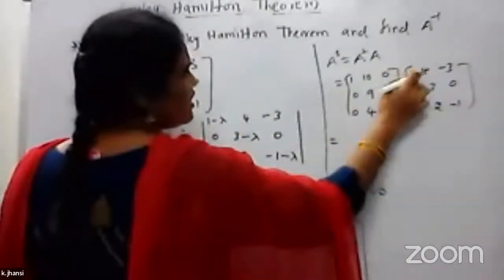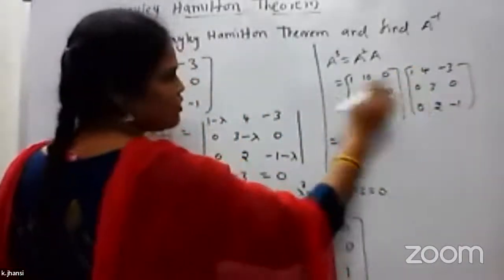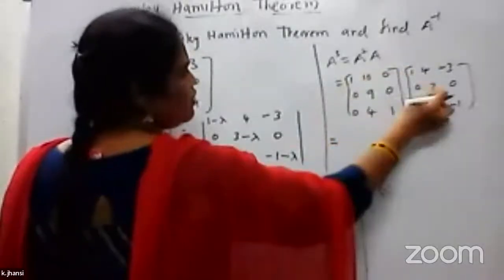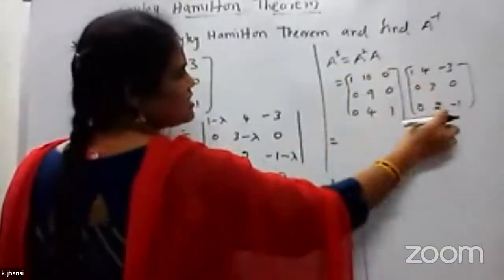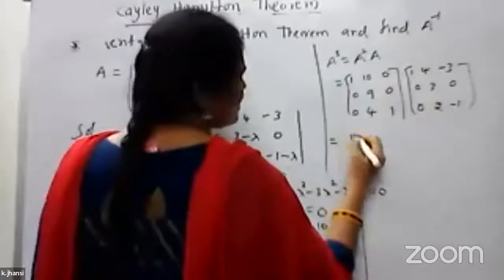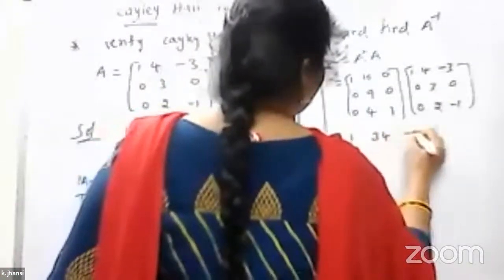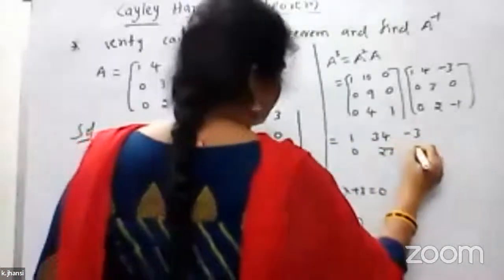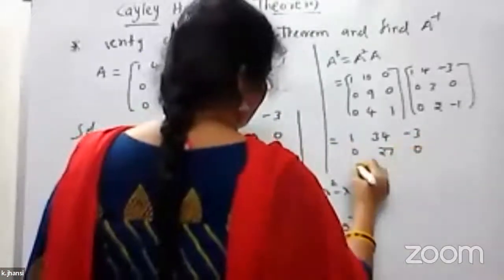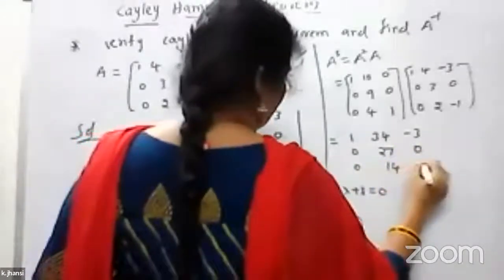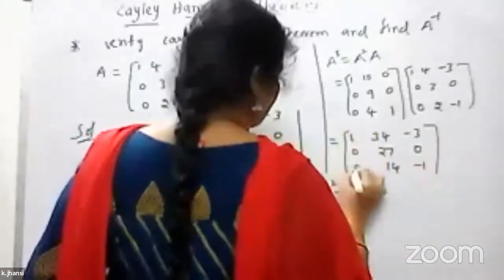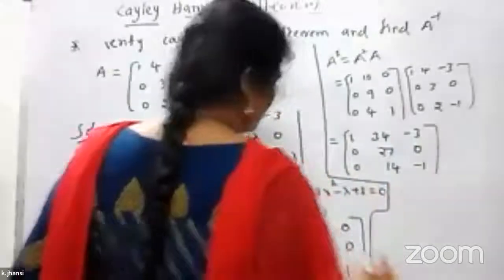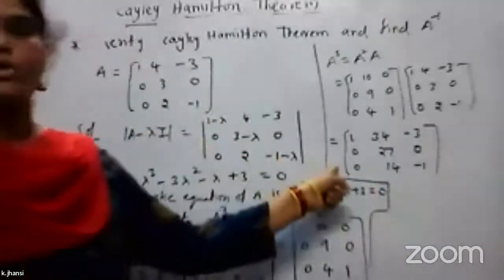See, 1 into 1 is 1. All other terms are 0. Next 1 into 4, 1 into 3, 3. Next this is 0. So you will get first 1, 3 4, minus 3, 0, 27, 0. Next 0, 1 4. Okay. So this is our A cube value.